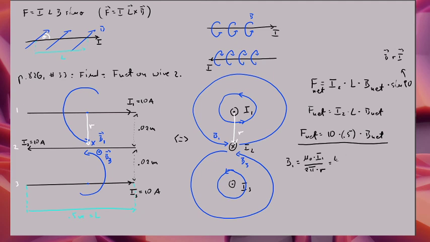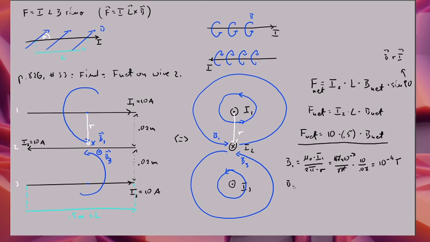This would be 4 pi times 10 to the minus 7th over 2 pi times I1 was 10 amps divided by R, 0.02 equals. So this goes away, this goes away. I have 2 and 2, so that actually will take care of that part. I have 10 here, but then I multiply it by 100 because of that. So what I have is 1000. So this will be 10 to the minus 4th Teslas. That's B1.